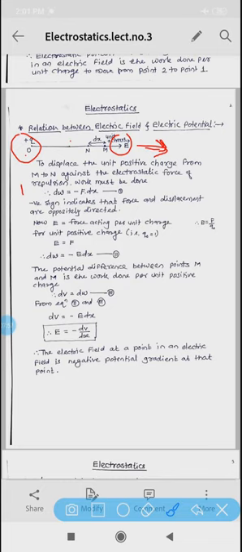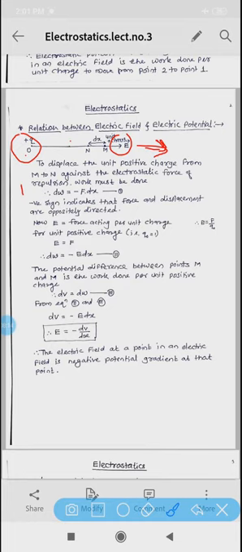We know that the electric field intensity is equal to the electrostatic force per unit charge.